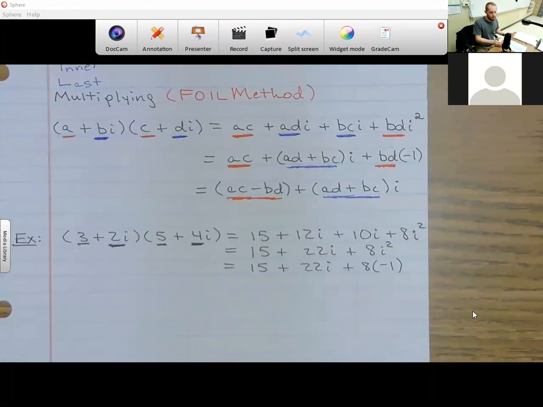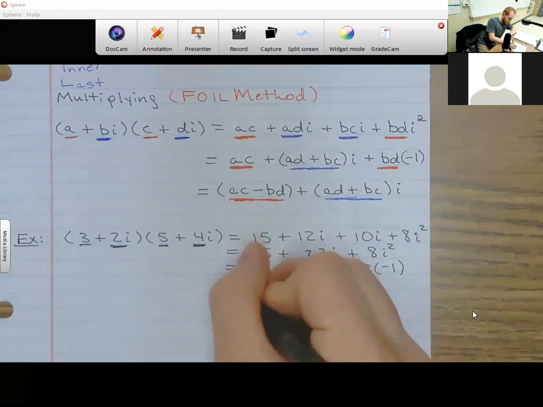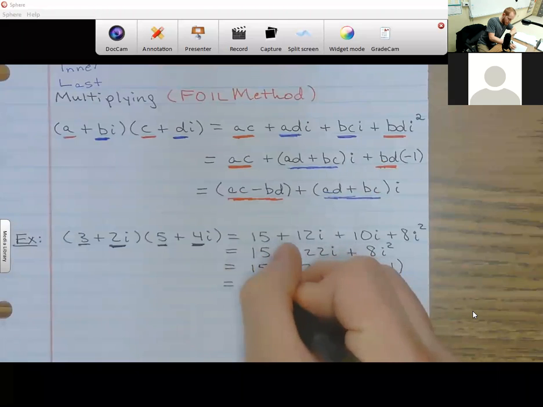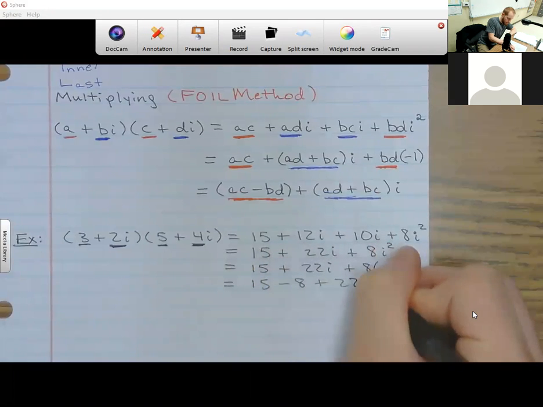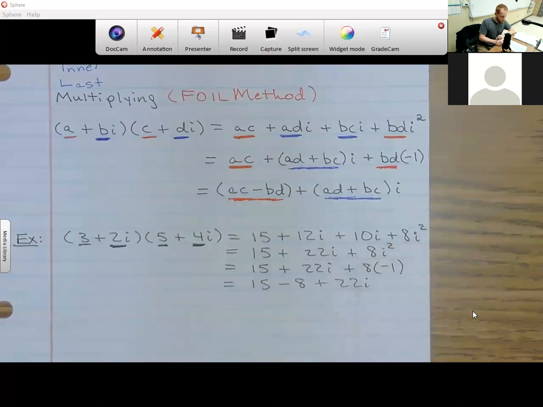So then what happens? I have 15 minus 8 plus 22i. So all I did in this step was I just did 8 times -1. We know that that's going to be -8. So now I have two real numbers to add together, and I've got an imaginary part at the very end, right?